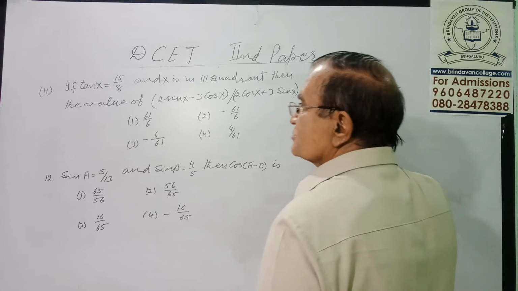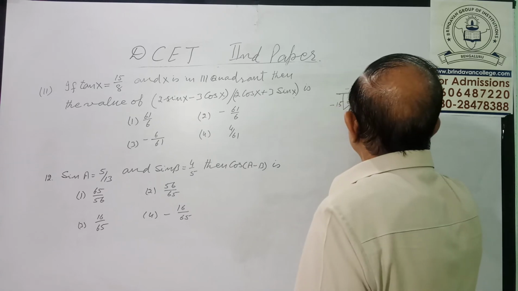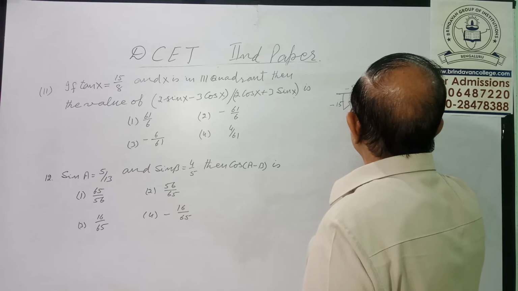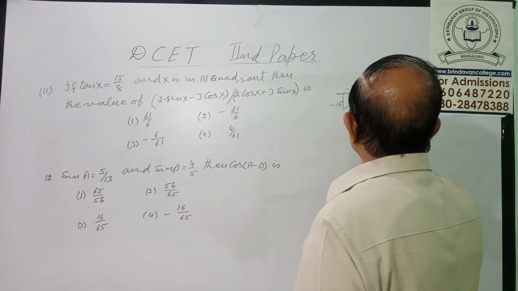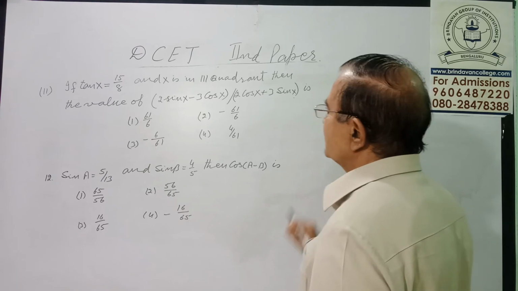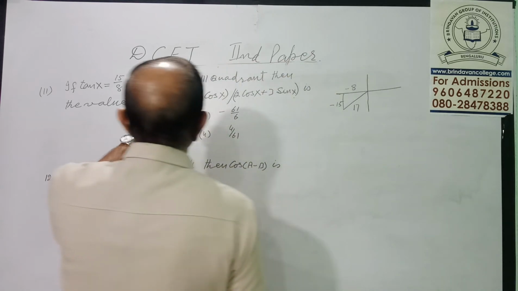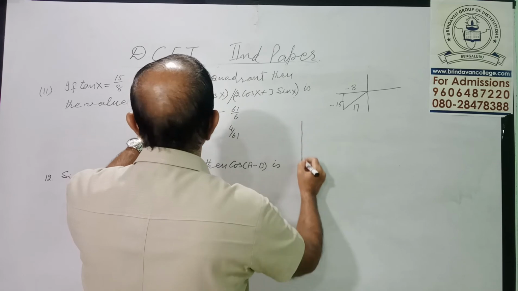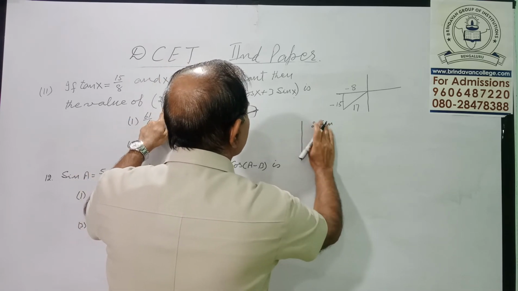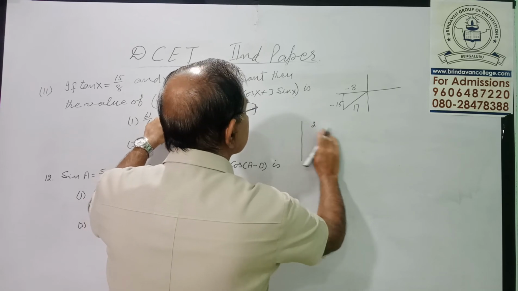Then use the identity h square equals p square plus b square, that is 15 square, 225, plus 64, 289, root will be 17. Hypotenuse is always positive. So this is the triangle we have got. Now we want to find the value of 2 sin x minus 3 cos x.